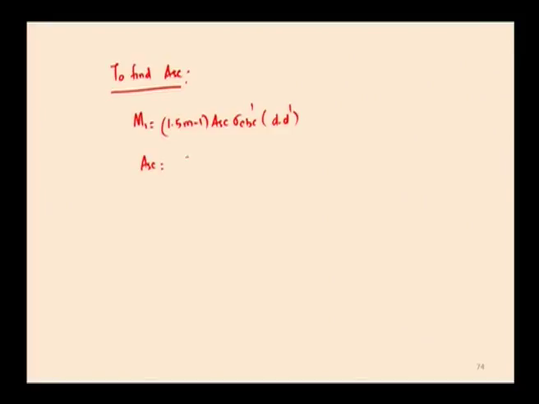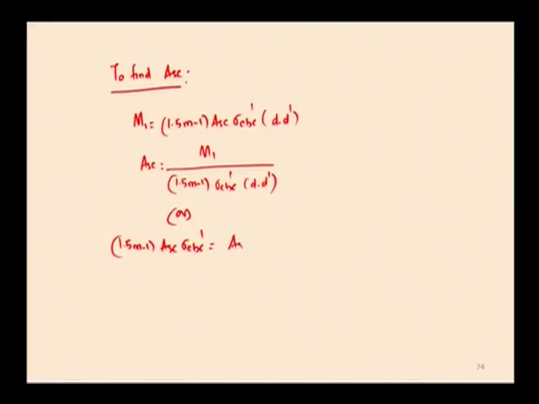So ASC can be found from this expression, (1.5 M minus 1) into ASC into sigma CBC dash is equal to AST2 into sigma ST. ASC is equal to AST2 sigma ST divided by (1.5 M minus 1) into sigma CBC dash, that is equal to 1242.14 millimeter square.